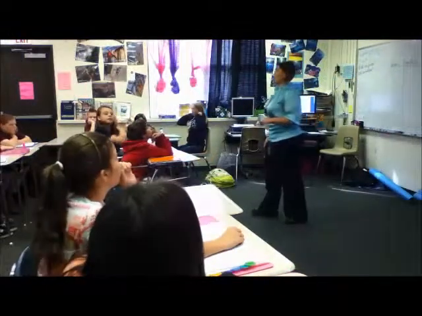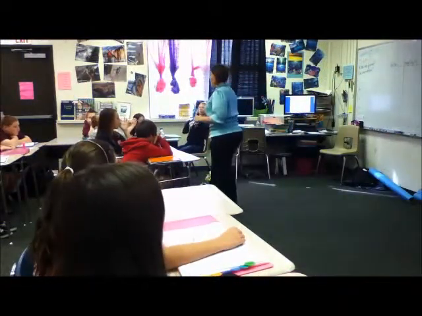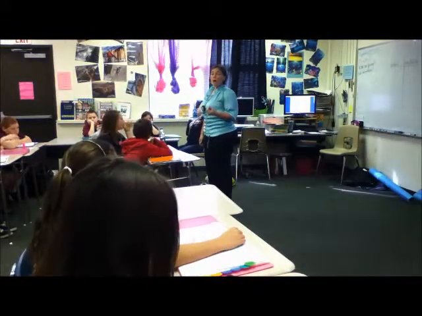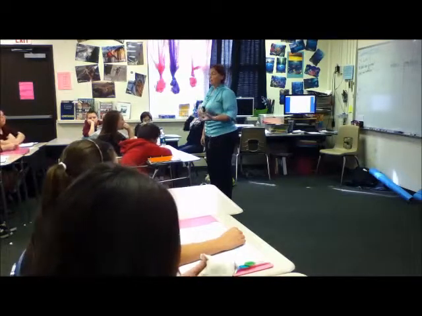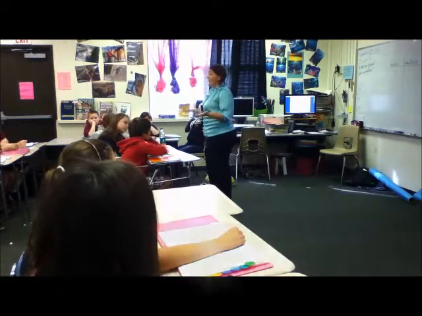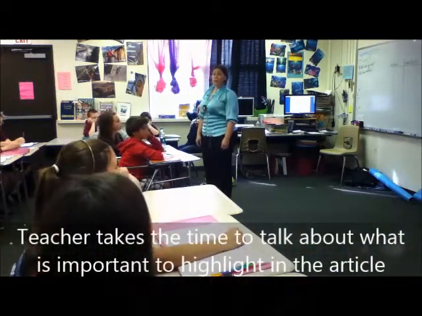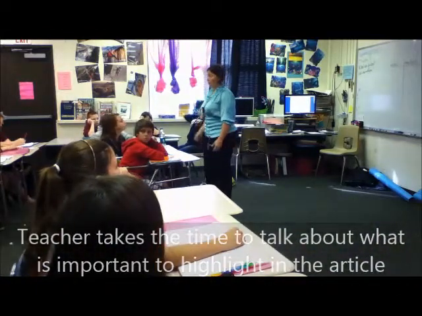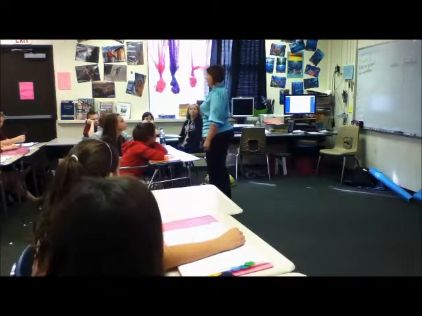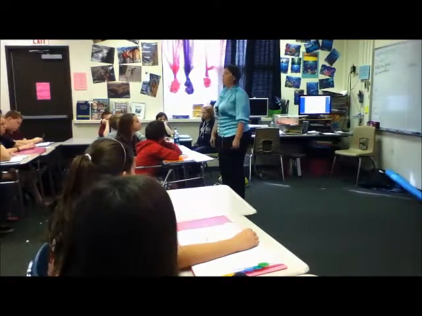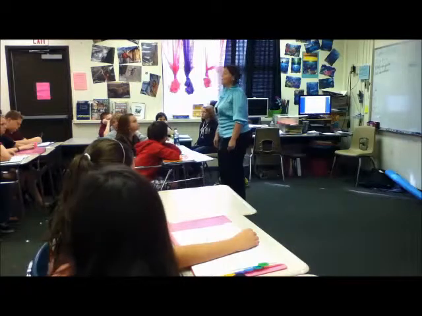All right. I'm going to give you a copy of an article, and I'm going to pass out a highlighter to you. We will read the article together, and then you can highlight what information you want to highlight. Before we highlight, what are some things we do with an article? If we're going to highlight stuff, do we highlight everything? No. Keywords.